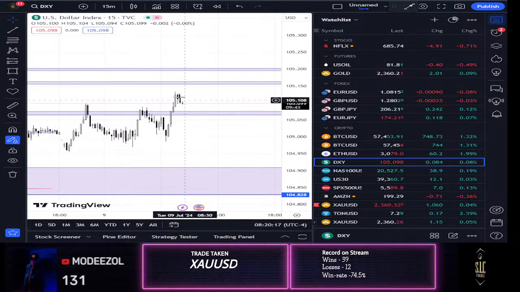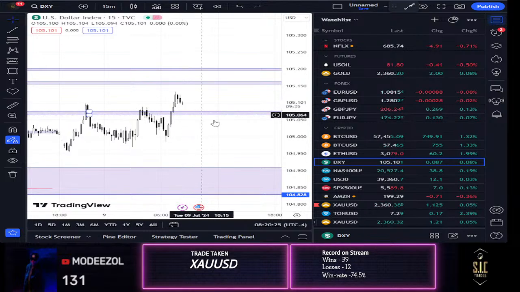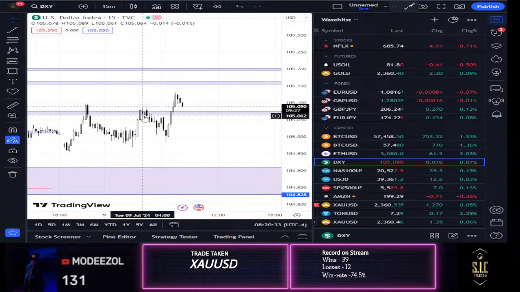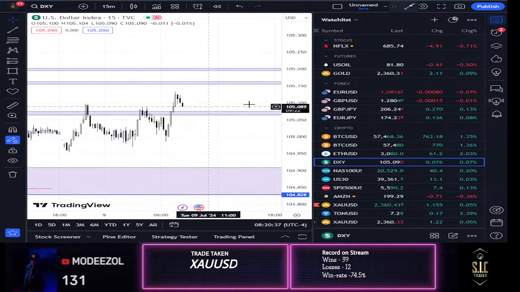They're kind of doing it on the 15-minute. They skipped up, slipped up, and now they're pulling back to fill the imbalance in the market. But they can leave it. They don't necessarily have to fill the whole imbalance, but they will come down 9 times out of 10 and get it eventually.